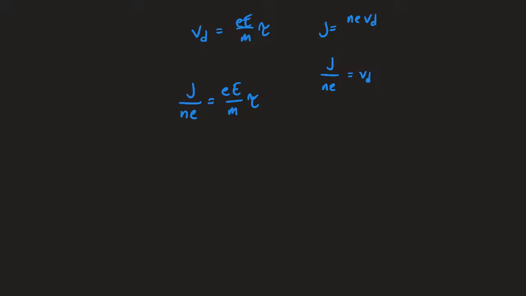If you solve this for the current density, you get NE squared over M times tau, all times the electric field.